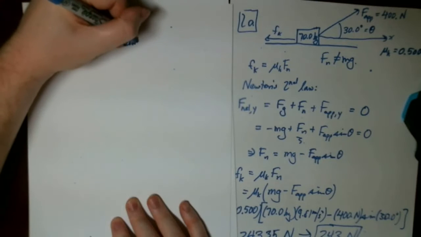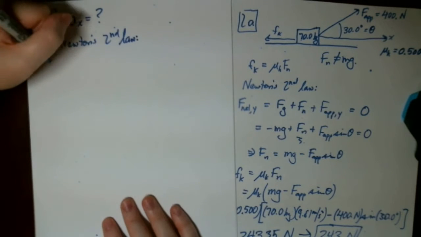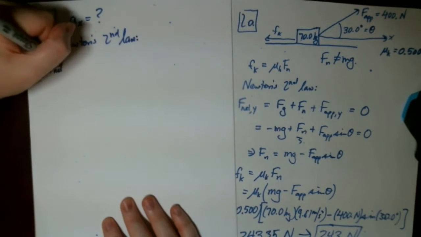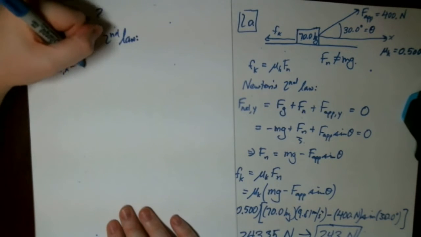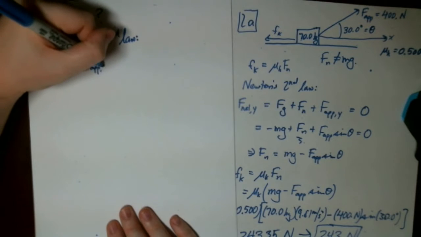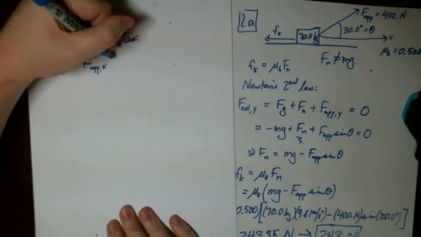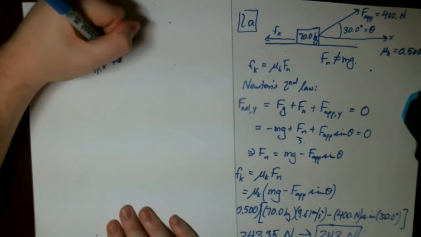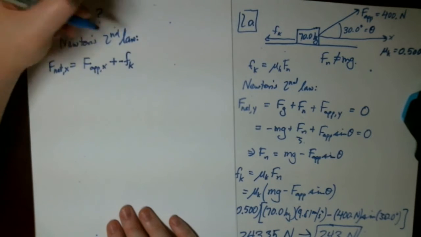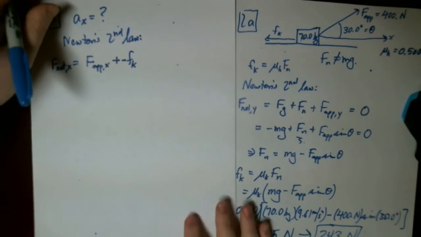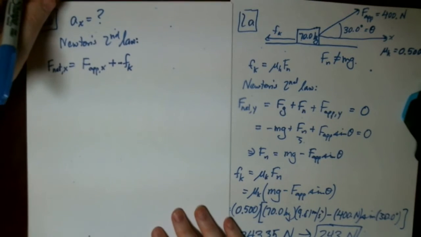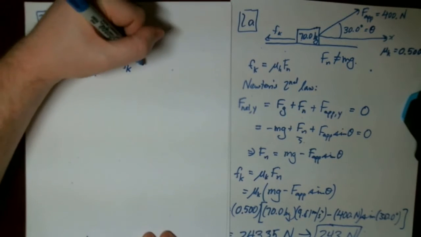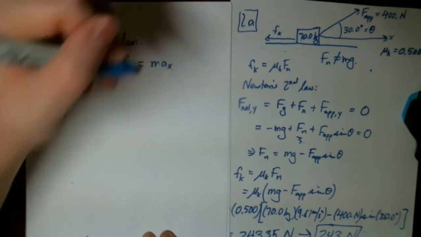Newton's second law for the box in the x direction is going to be F net x equals the x component of our applied force, and then we have the friction force. I'm adding a negative sign to that because it's opposing the applied force. And that's going to give us m a sub x.